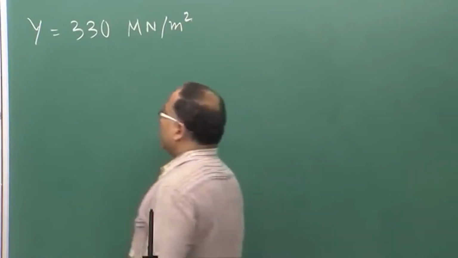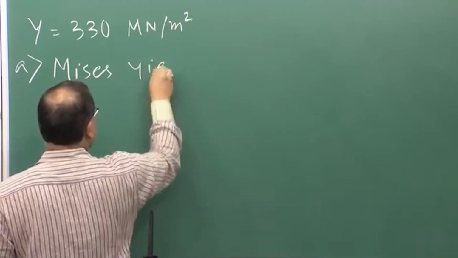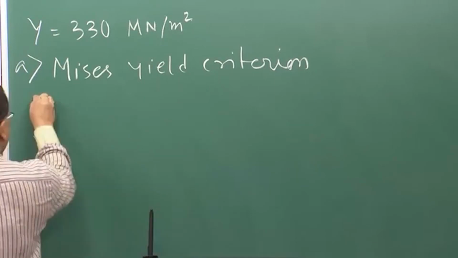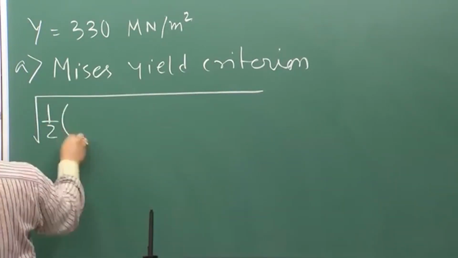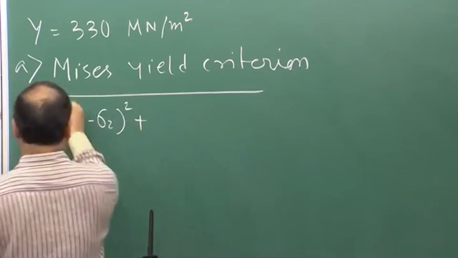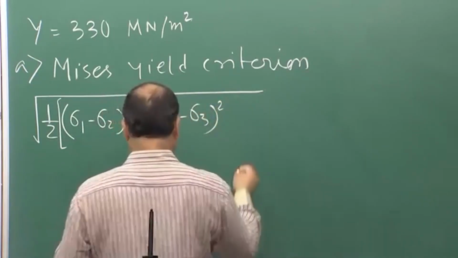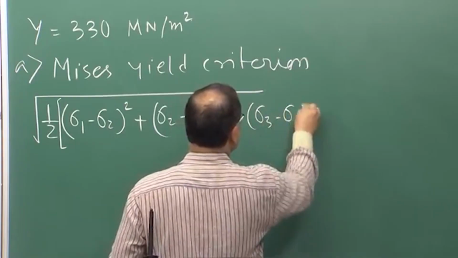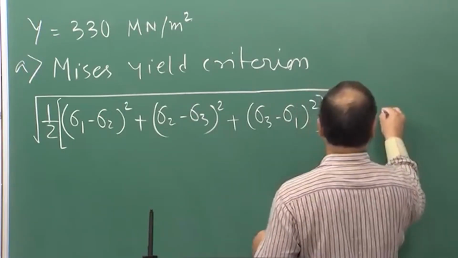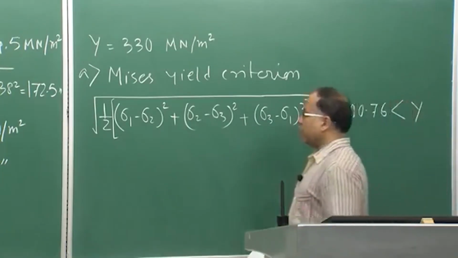As per the Mises yield criterion, the square root of half of sigma 1 minus sigma 2 whole square plus sigma 2 minus sigma 3 whole square plus sigma 3 minus sigma 1 whole square comes as 300.76, which is less than sigma y. Therefore, it will not yield.